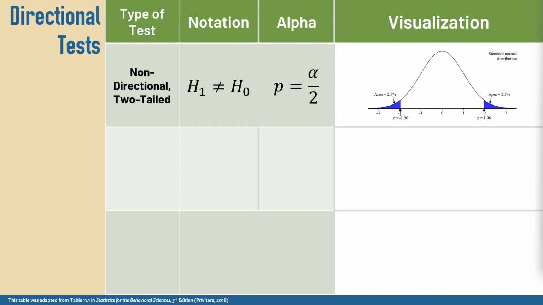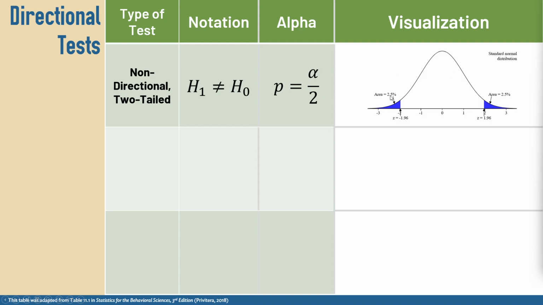To put those all in one slide here, again, non-directional, we have these two tails. Since we have two tails, say we set our alpha, our decision criteria, at 0.05. Well, then in order to get p, the probability within each rejection region, we need to take that alpha divided by 2 to account for the fact that we have two tails that it is being distributed over.